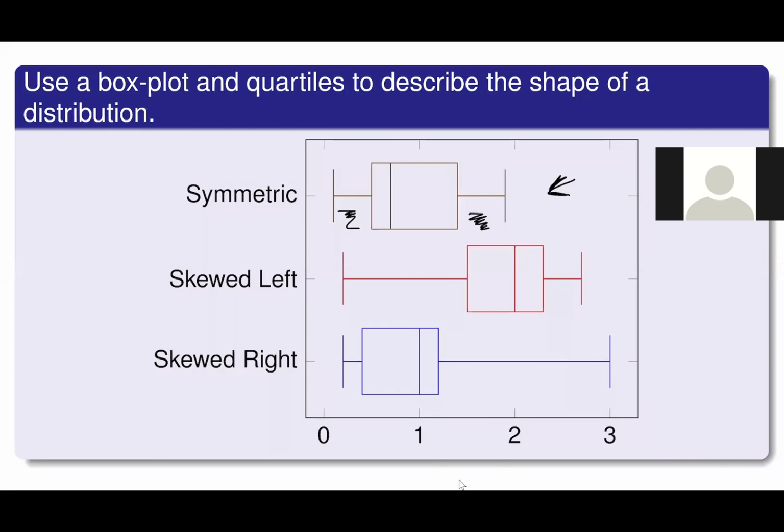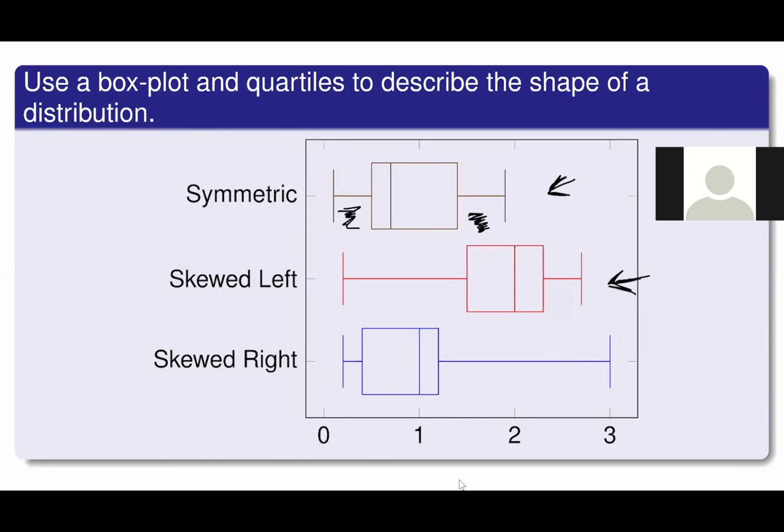Whenever you have symmetric data, both of the whiskers should be about the same length. Now if you look at the red one, which whisker is longer, the left side or the right side? Left side.